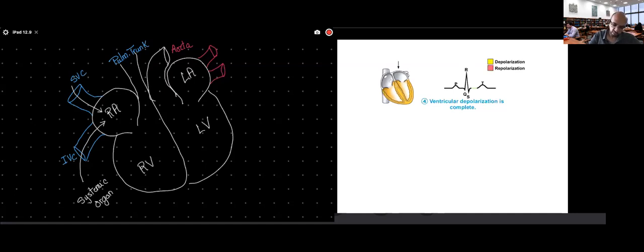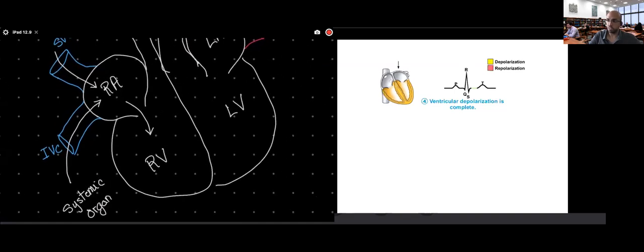And then from the right atrium, it travels down to the right ventricle. What allows this unidirectional flow between the right atrium and right ventricle is a valve that we call the tricuspid valve. And if you remember, this is one of the 2 AV valves that we have.